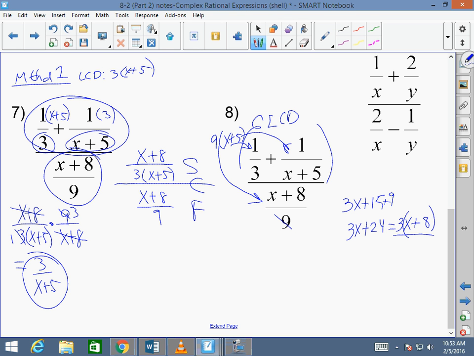The 9's cancel, right? So I got to multiply an x plus 5. So x times x is x squared. X times 5 is 5x plus 8x is 13x. And then 8 times 5 is 40. What times what is 40 but when added together is 13? X plus 5 and x plus 8. The x plus 8's cancel. I'm left with 3 over x plus 5.